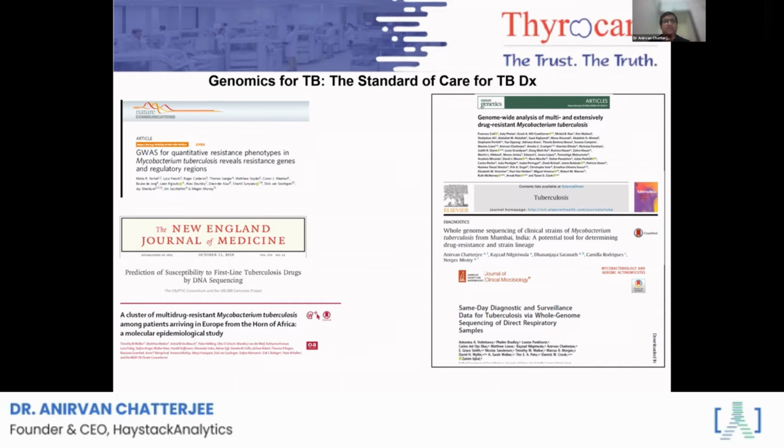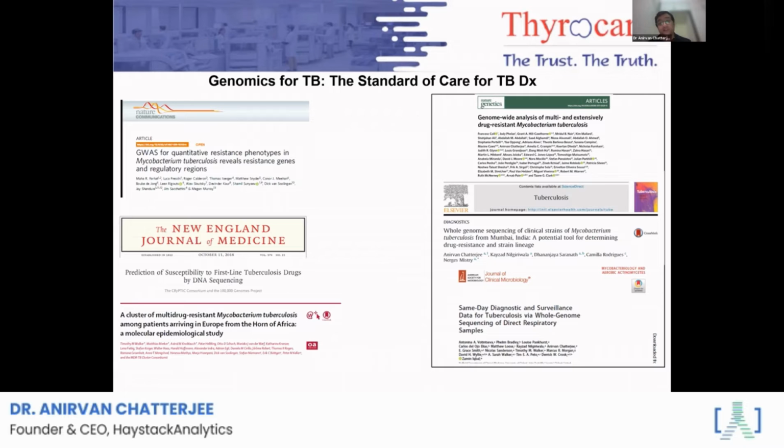The Harvard School of Medicine, the University of Oxford, the Swiss Tropical Institute, the Johns Hopkins, they've all come together and proved time and time again that next generation sequencing is probably coming up as one solution which will have the best chance of giving us that decision very, very early on in the life of a TB patient.